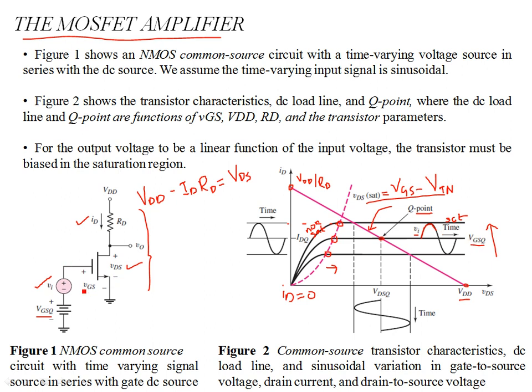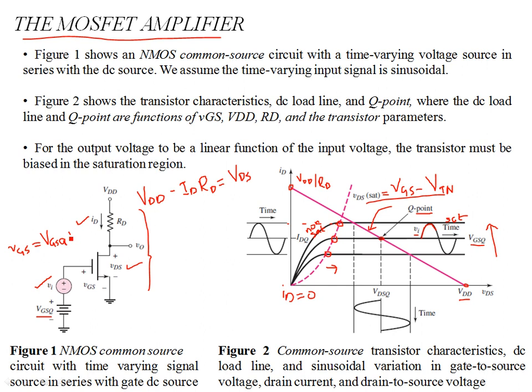This gate voltage is small v with capital subscript GS. So if we call this VGS equal to VGSQ, which is my DC voltage at the gate, on which the transistor is biased, the Q point exists.